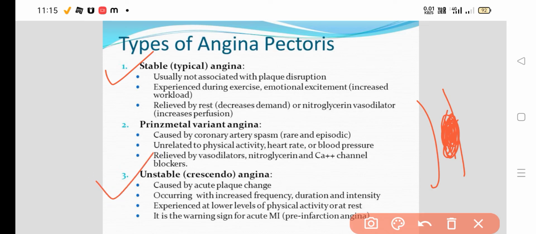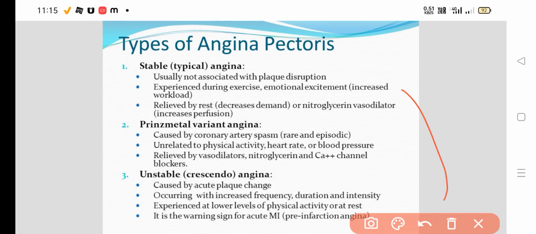Then the second type is the unstable or crescendo type of angina. It is caused by acute plaque change. Acute plaque change means, if this is a coronary vessel and somewhere there is an atherosclerotic plaque, it is associated with plaque disruption.